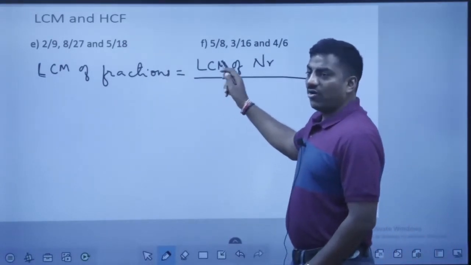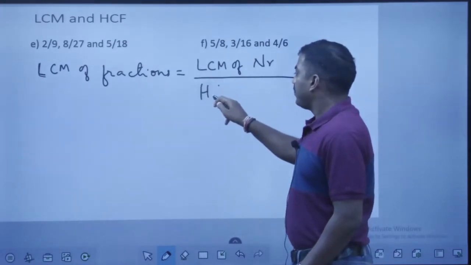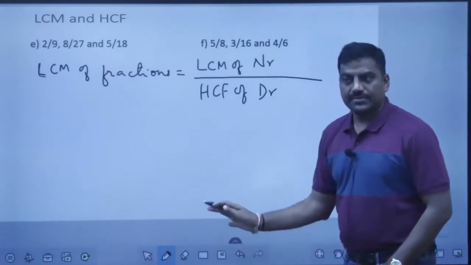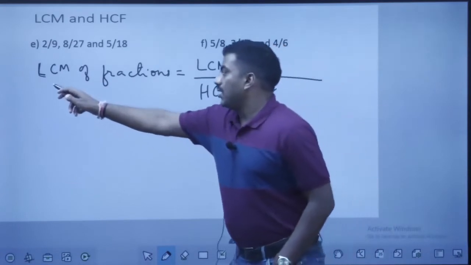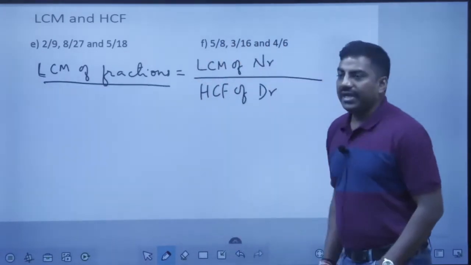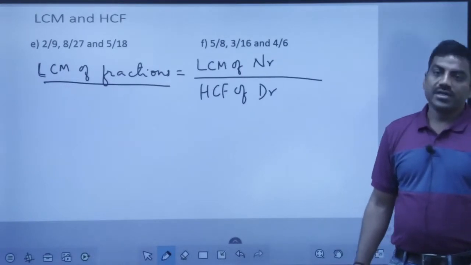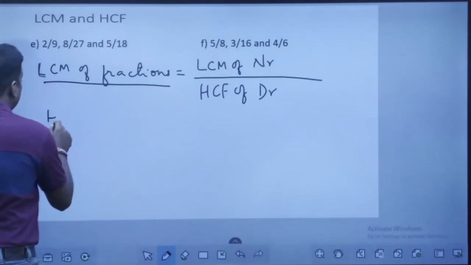Then when you have found the LCM of numerators, in the denominator you are finding the HCF of denominators. That's it. Done. But in every case, we are finding two different things: LCM of numerators and HCF of denominators.